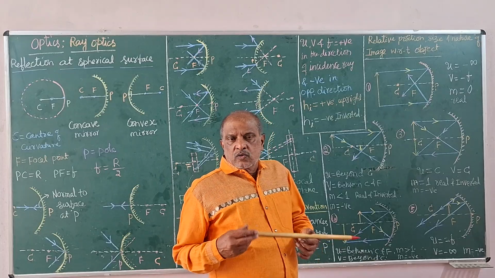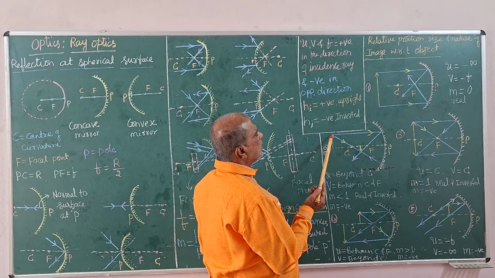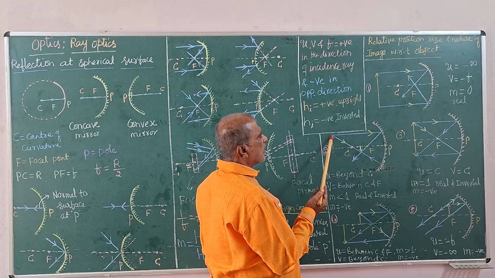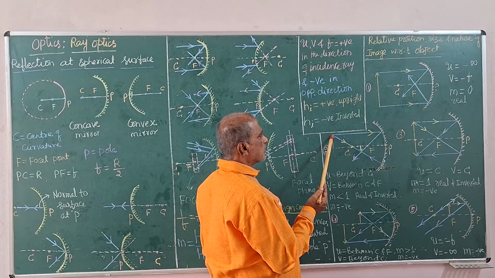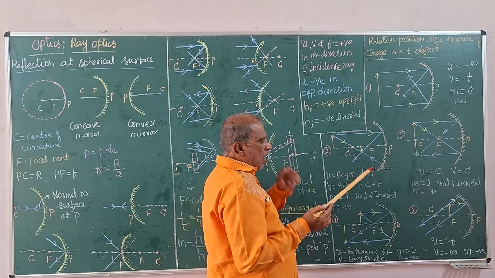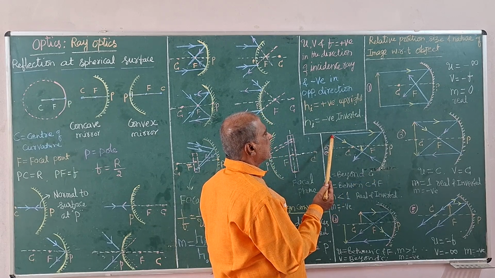Now we have to find out where we get the image of the point at the tip of the object. For that you have to apply this technique. Let me take the point at the tip of the object.